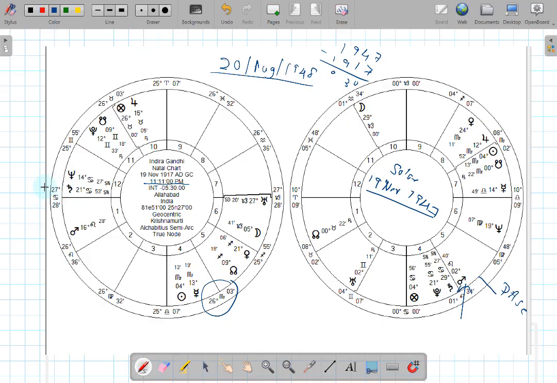The 7th sign from Cancer is Capricorn. 4, 5, 6, 7, 8, 9, 10. So the perfected ascendant now actually reaches 27 degrees of Capricorn. 27 degrees Capricorn, this is the perfected ascendant.